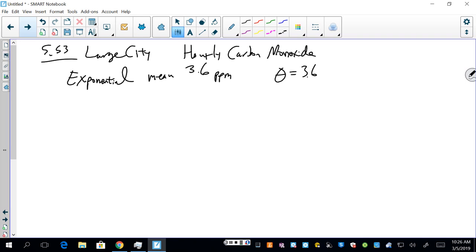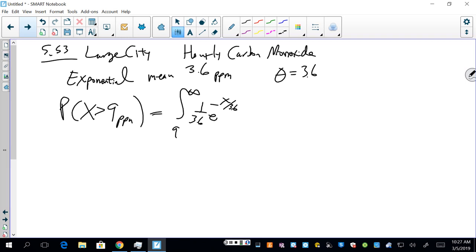The amount of parts per million is this downward sloping curve. We can ask the question, what's the probability that x is greater than 9 parts per million during an hourly measurement? Well, from the formulas, you can do the integral from 9 to infinity of 1 over theta, e to the negative x over theta dx.